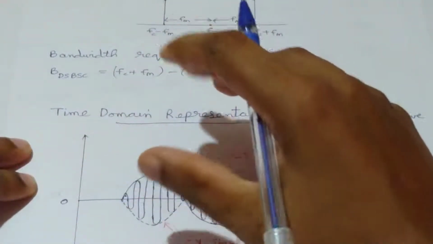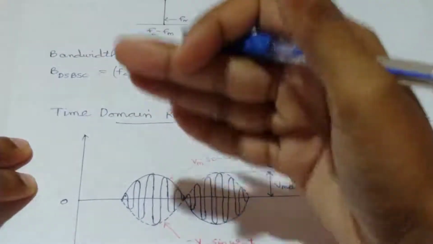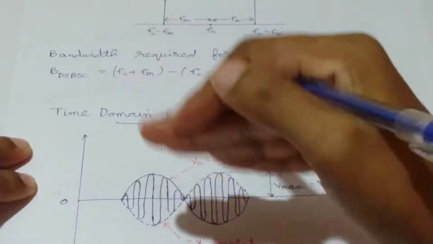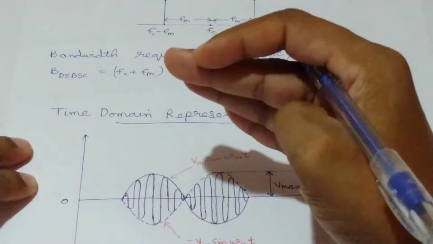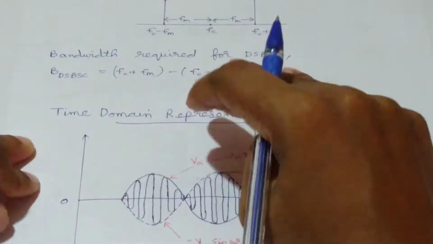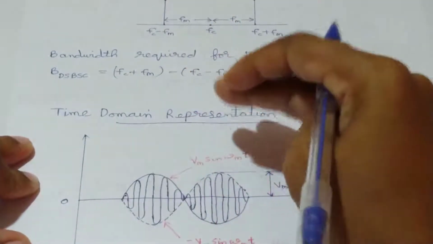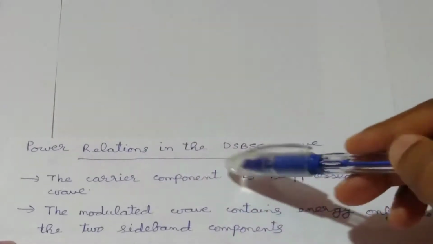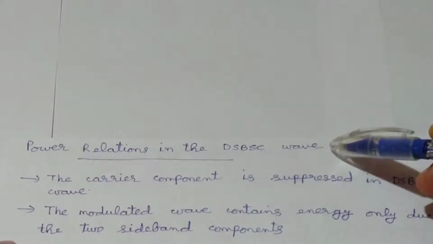So by suppressing the carrier, we can reduce the power required for transmission, but at the receiver side we need to use a complex circuit arrangement for the recovery of our message. We will study the recovery process in detail later. Let's now consider the power relations in the double sideband suppressed carrier wave.